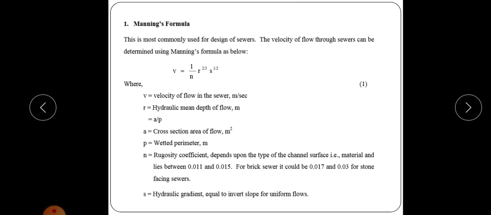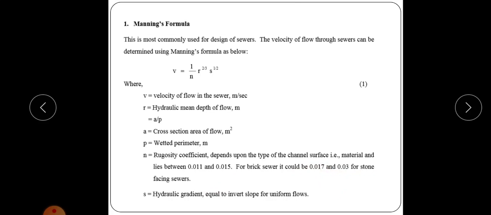And n is the rugosity coefficient, and it depends upon the type of channel surface, that is the material, and it lies between 0.011 and 0.015. For brick sewer it could be 0.017, and for stone facing sewers it will be 0.03.